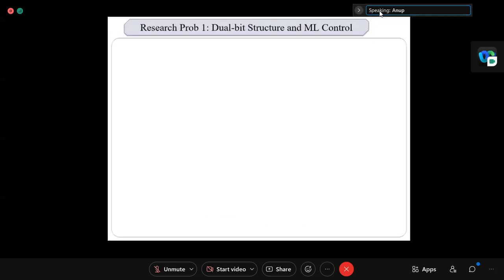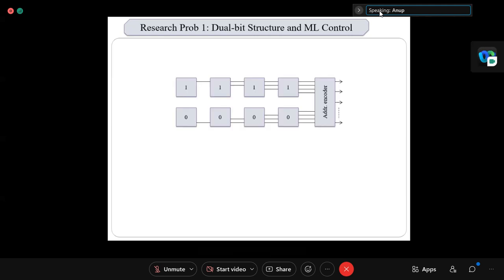Okay, so now I will give some research problems, meaning some ideas from what we have done that you can think of. If our motive is to use CAM to generate an address, then instead of m cross n, we can take only two rows of CAM.